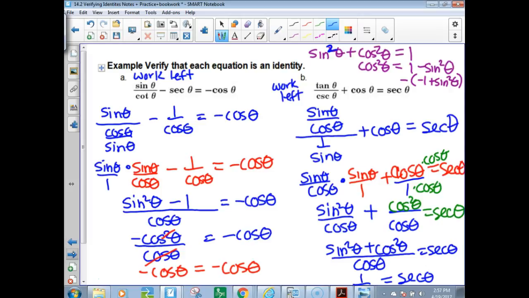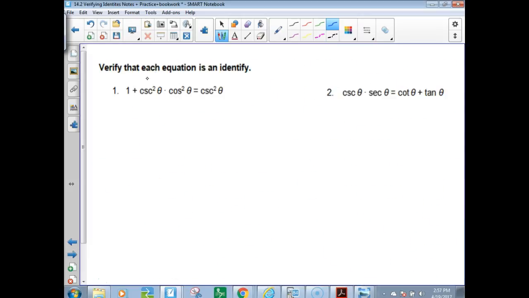No? Okay. Verify that each equation is an identity. We've got the left side and the right side. The right side looks pretty simple. I'm going to work on the left. All right, so let's write in terms of sines and cosines.